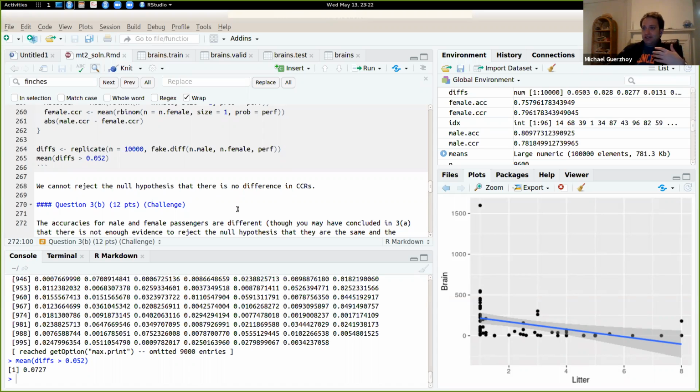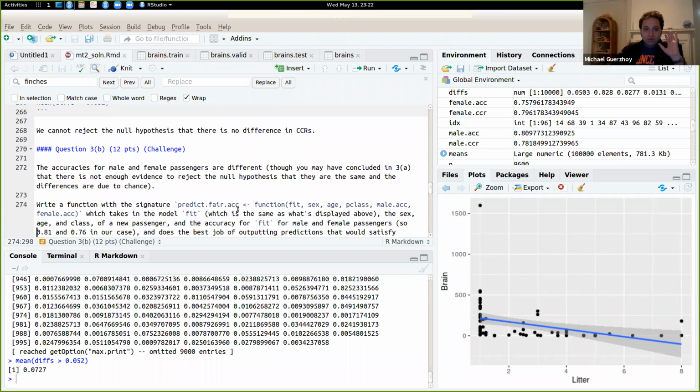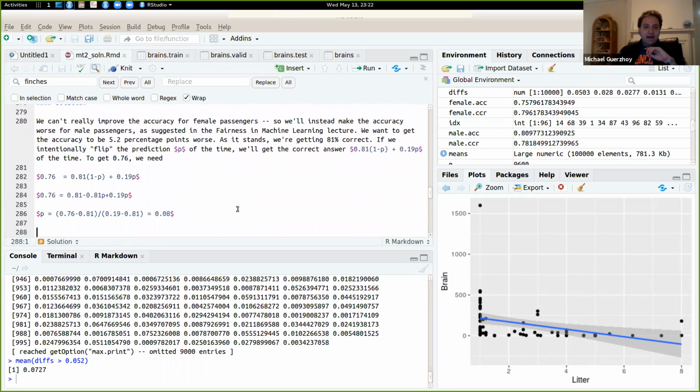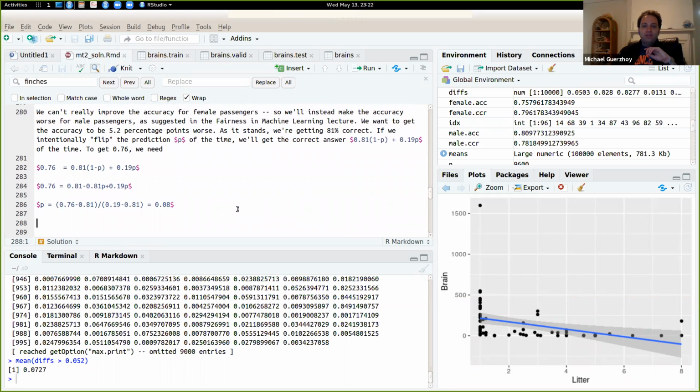So how would you do it? For some of the males, you would just flip your prediction intentionally, so there's a probability of getting the answer wrong. What I'm going to do here is a sample calculation of how that would go. It looks slightly complicated; it isn't really, but it's a little bit involved.